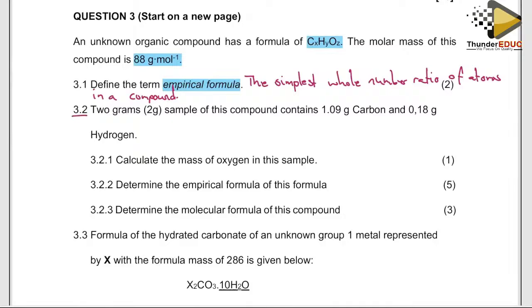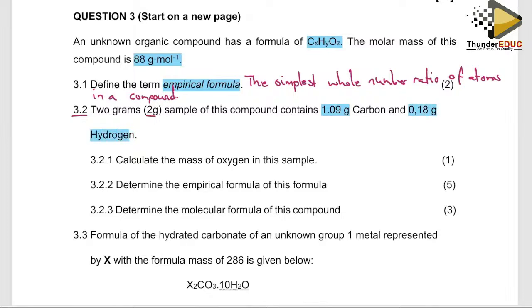Then I'm going to proceed to 3.2, which says a 2 grams sample of this compound contains 1.09 grams of carbon and 0.18 grams of hydrogen. Then we are asked to calculate the mass of the oxygen.